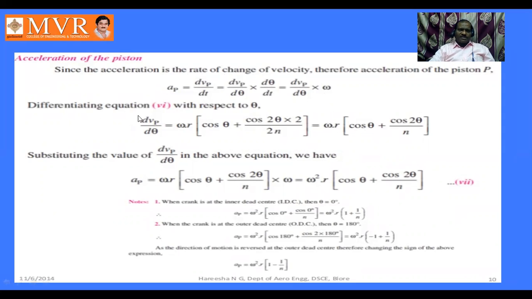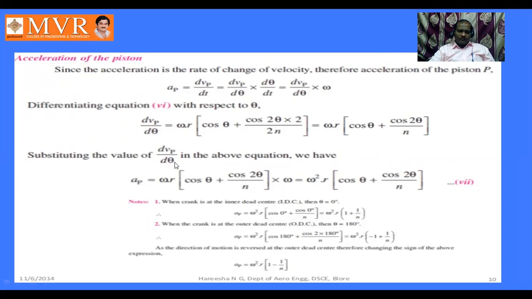Next, differentiating equation 4 with respect to theta, that is dVp by d theta is equal to omega r into cos theta plus cos 2 theta by n.